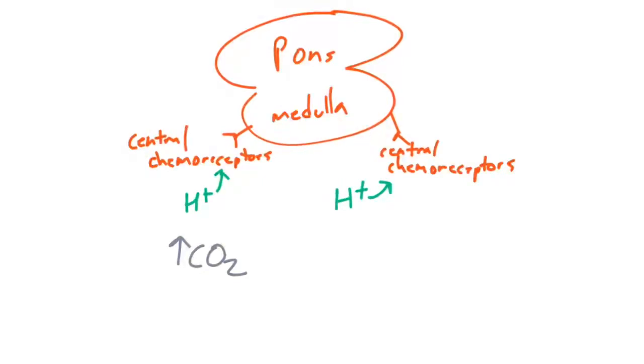And recall the equation: CO2 plus water can form hydrogen and bicarbonate. And it's via this equation that the CO2 will actually indirectly stimulate these central chemoreceptors, because CO2 can cross the blood-brain barrier, enter the cerebral spinal fluid.